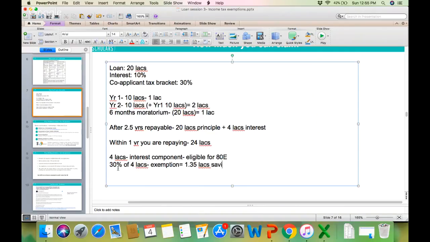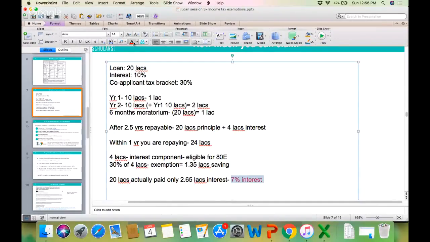So that is your saving, which means on your 20 lakhs, you actually paid only 2.65 lakhs interest. If you see the percentage of it, you're actually paying only 7% interest. So this is the highlight here.